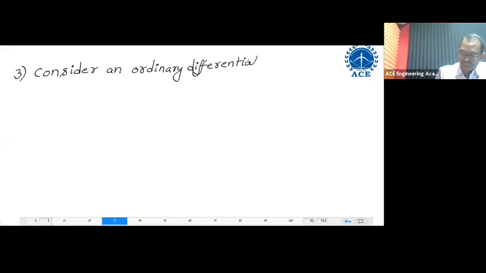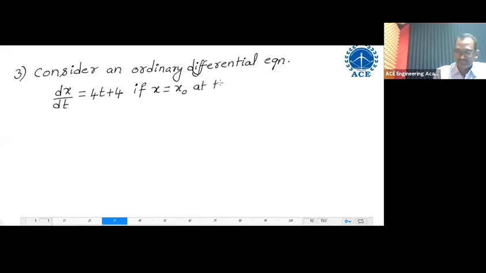An ordinary differential equation: dx by dt is equal to 4x plus 4, if x is equal to x naught at t is equal to 0.